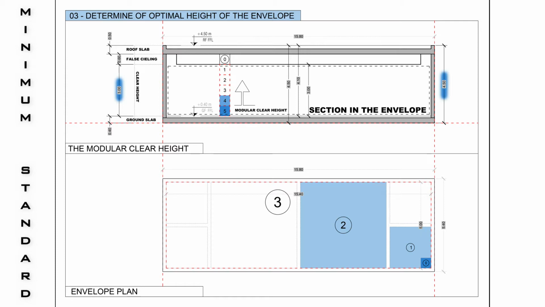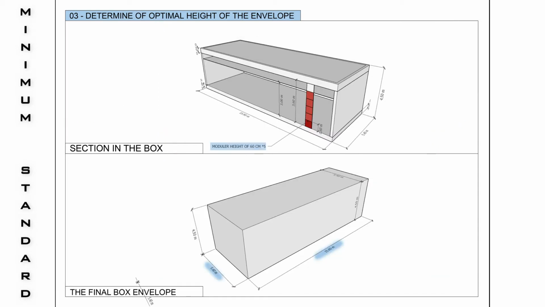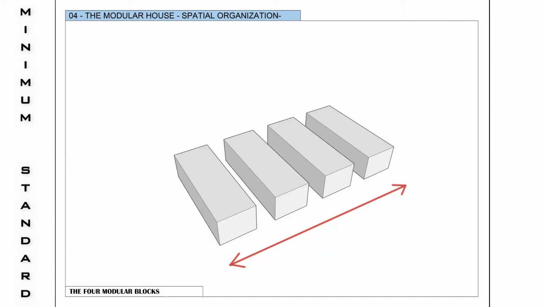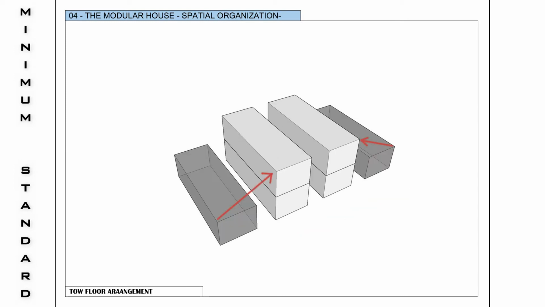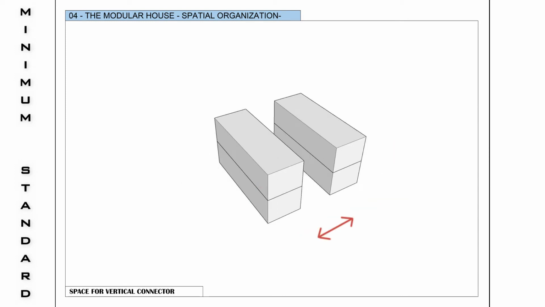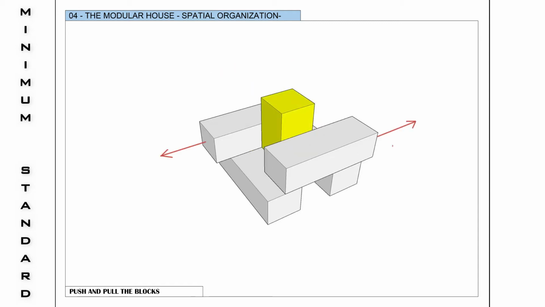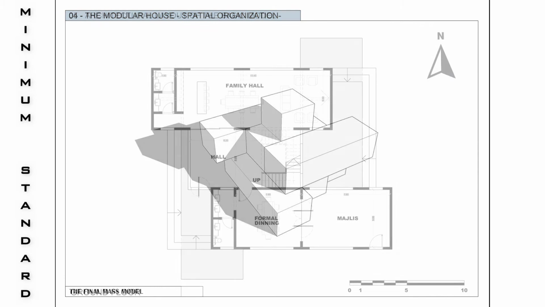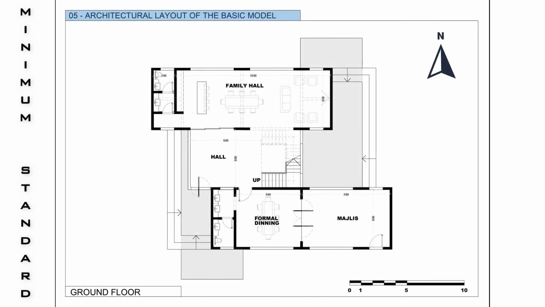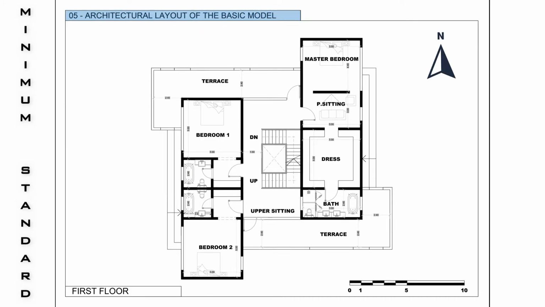So this is the final size for the box envelope, which is 5 by 15.8 by 4.5 meters high. As we got the modular boxes, they are to be arranged within the given plot. The final architectural plans for the basic mode.